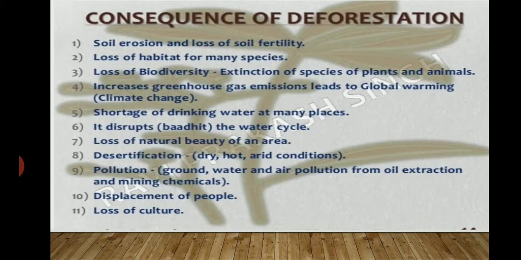Now what will be the consequences of deforestation? How will it affect human life and the earth? The consequences will be soil erosion and loss of soil fertility. Soil will lose its fertility because it is easily prone to soil erosion. Loss of habitat for many species.